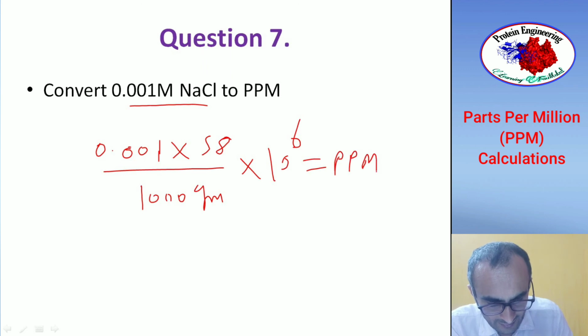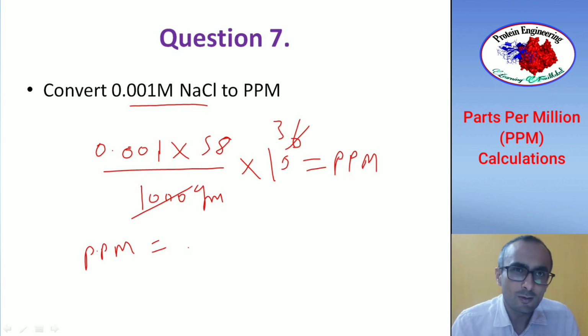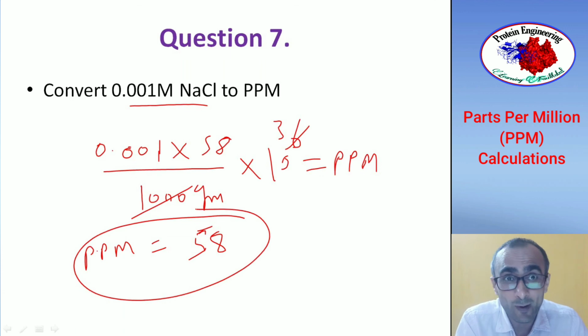So if you simplify this, then 3 will be left here, so ppm would be equal to 0.001, that is converted into 1 because multiply by 1000, so it will be 58 ppm. So that's how the molar solution also can be converted into ppm solution.